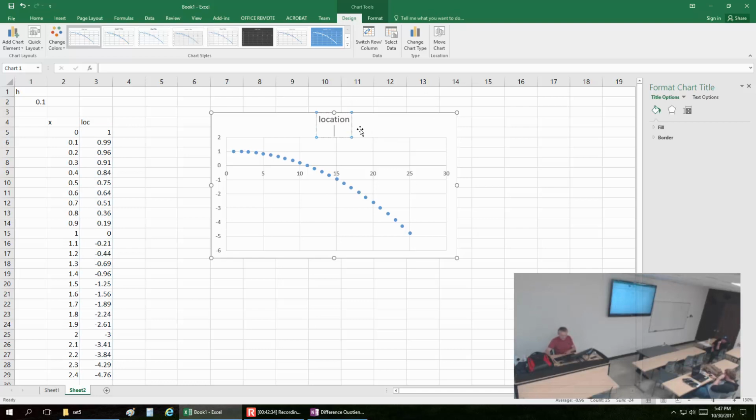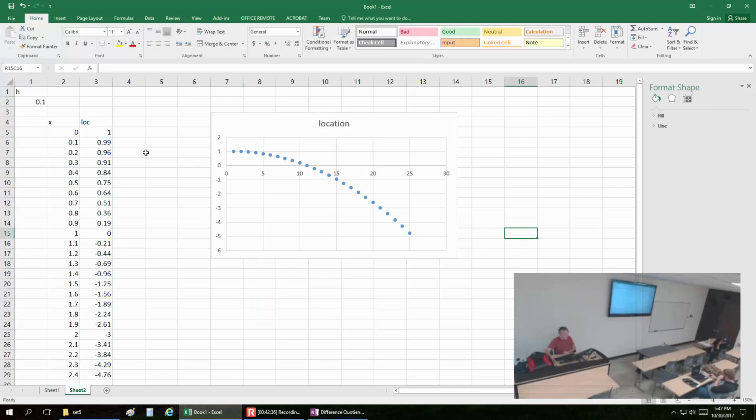And then I already announced that I will put velocity here. How? I will be looking at these values, the increment of y, or location, over the increment of x.